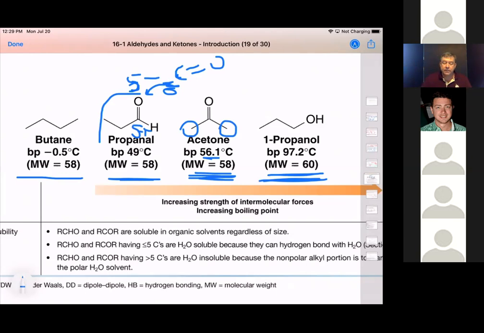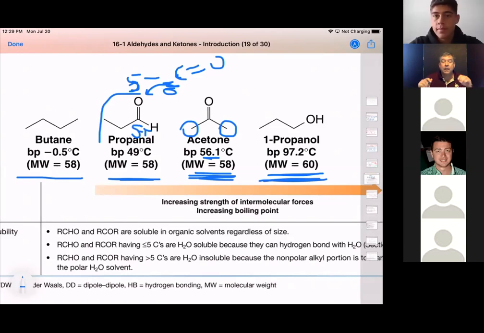What that gives us is that most aldehydes and ketones tend to be freely soluble in organic solvents because of that dipole-dipole interaction or the long chains having a van der Waals interaction with the long chain alkanes. However, aldehydes and ketones of less than 5 carbons can be water soluble because of hydrogen bonding.